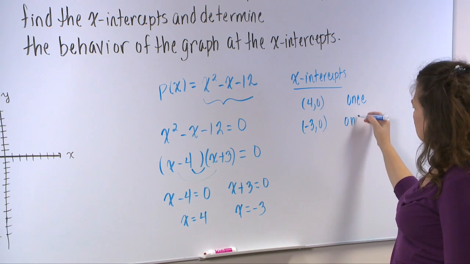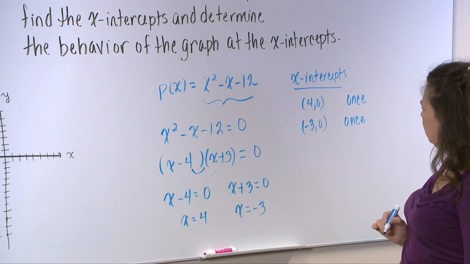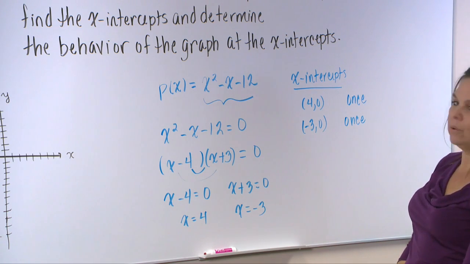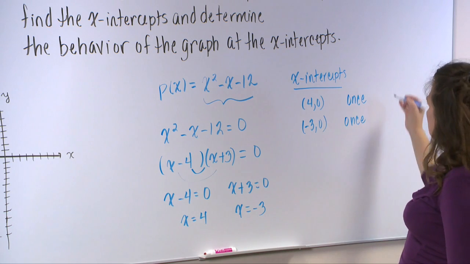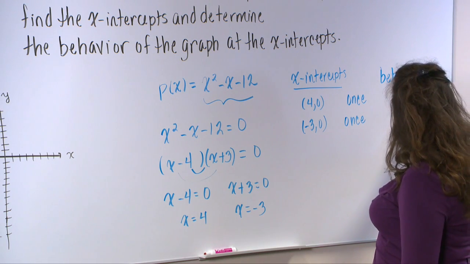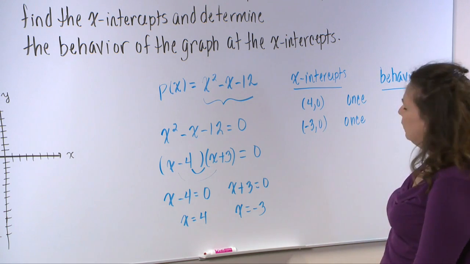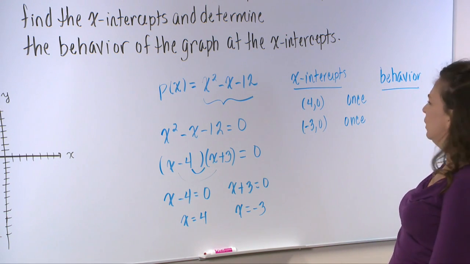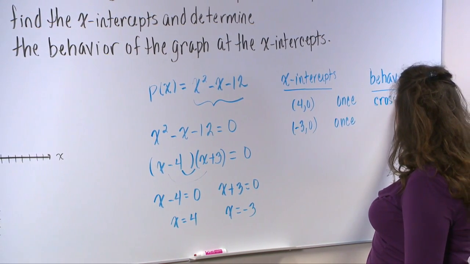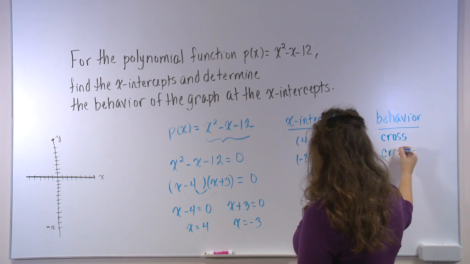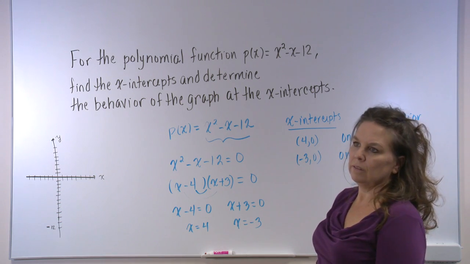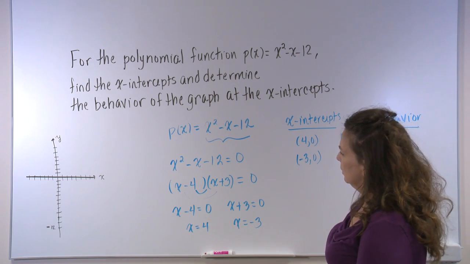And this also occurs once. And since each of these occurs only once, the behavior of the graph at the x-intercept is that it will cross the x-axis. Cross the x-axis for each of those.